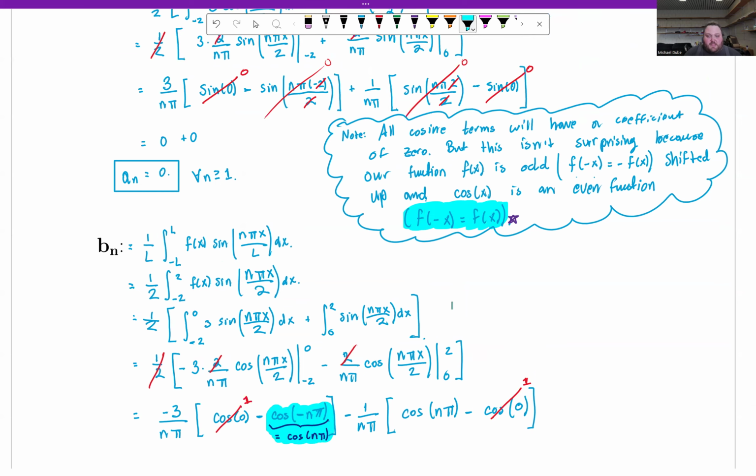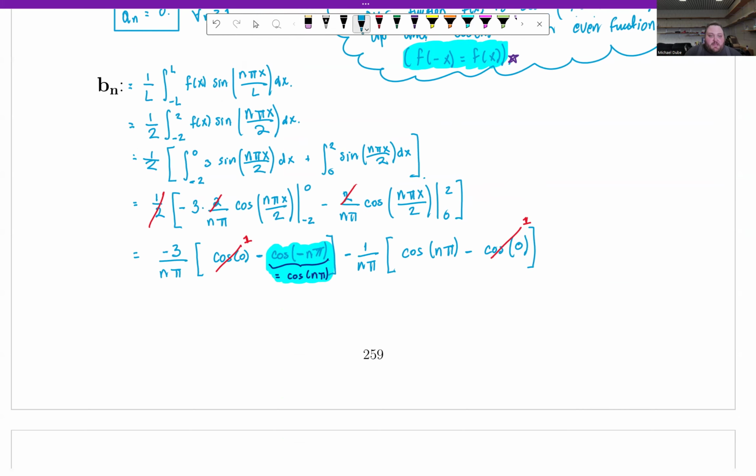Okay, good. So then we get negative 3 over n pi times 1 minus cos of n pi, minus 1 over n pi times cos of n pi minus 1. Okay, so the two terms are just flipped, right? Or multiplied by negative 1.